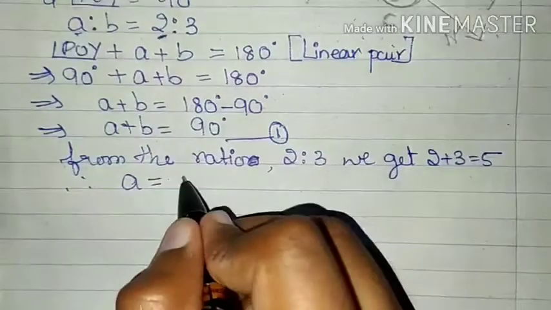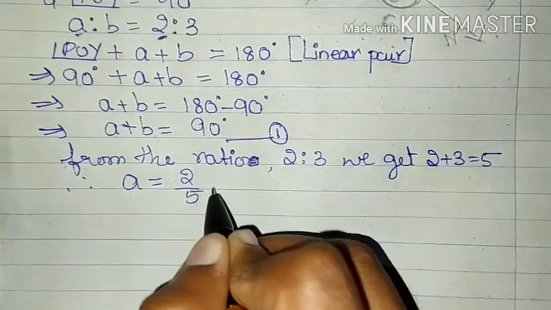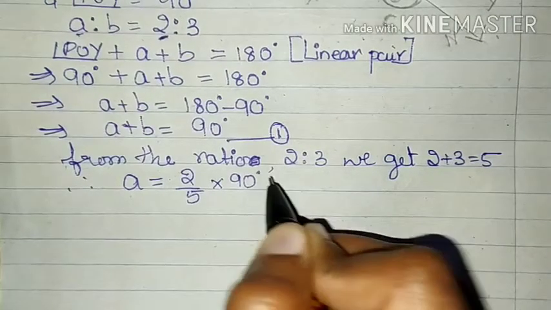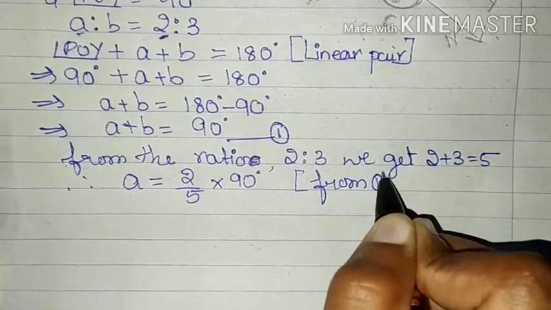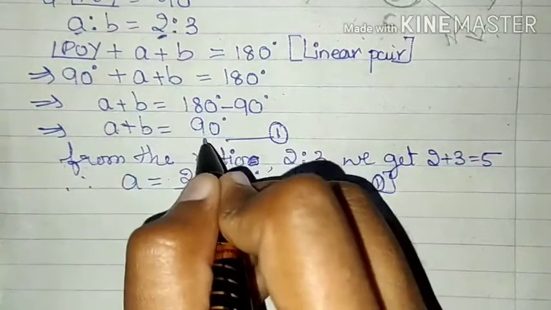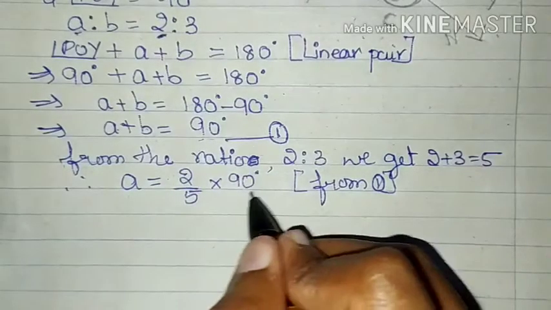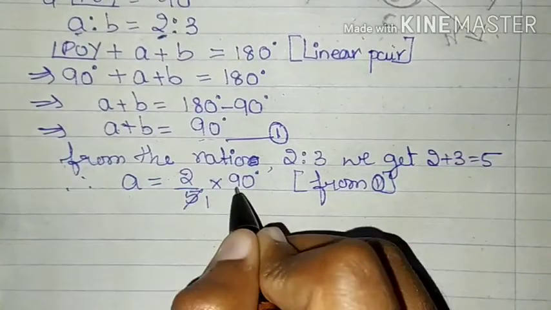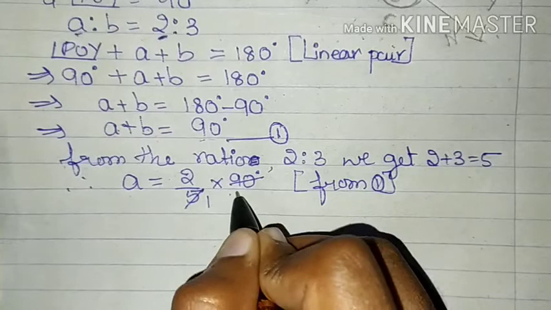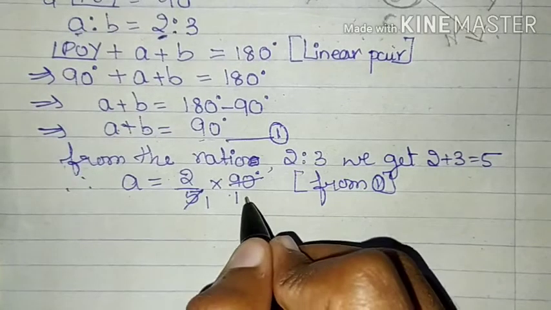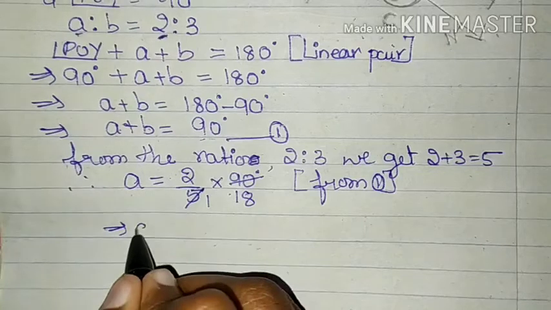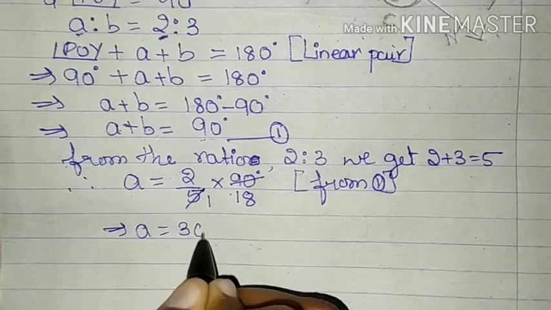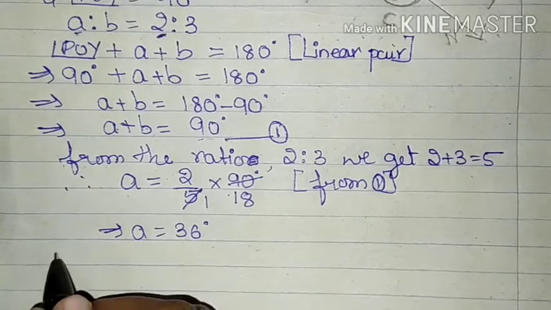It is 2. So 2 by 5 into 90 degrees, from 1, because A plus B is equal to 90 degrees. So into 90 degrees, 5 18s are 90. This implies A is equal to 36 degrees.